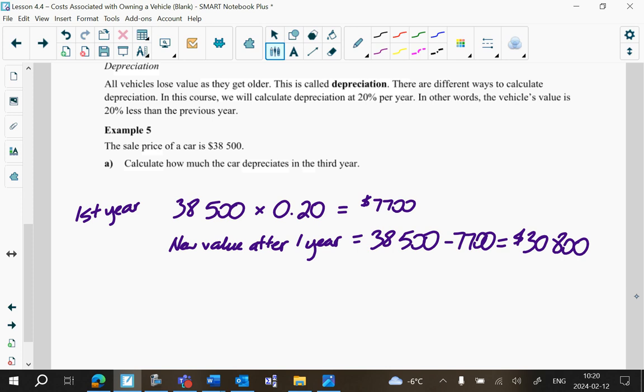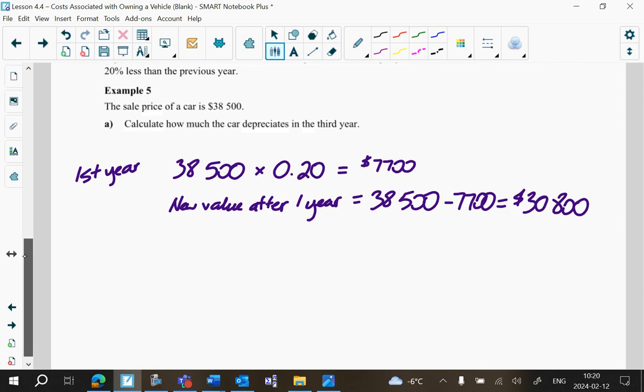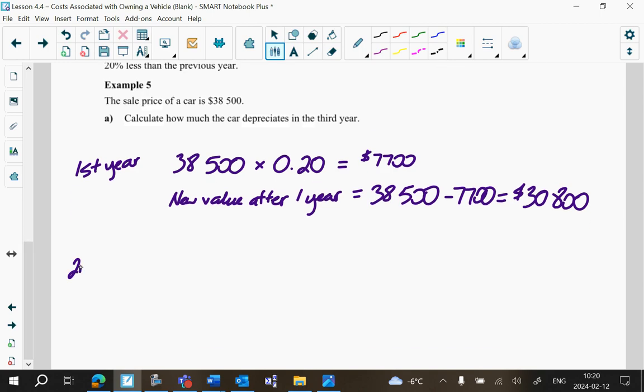Then we continue that for the second year. We take the value of the car, which remember is now 30,800, and figure out how much it depreciates by multiplying by 0.2, and we get 6,160.